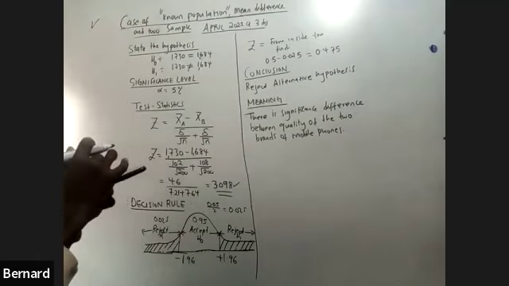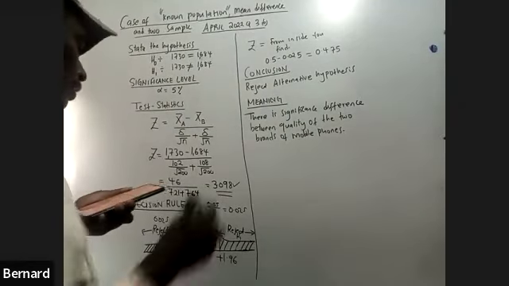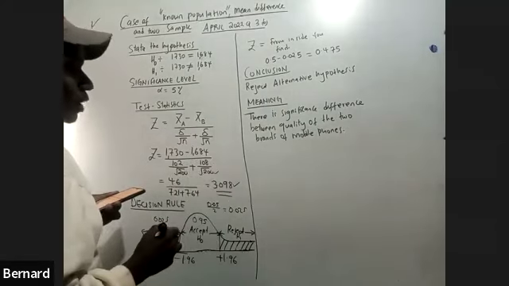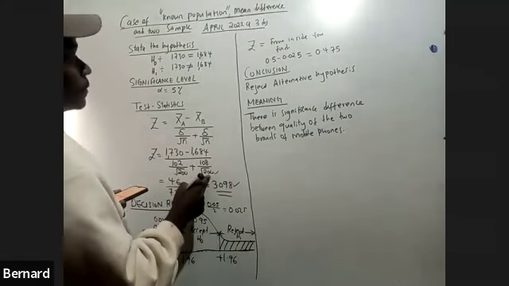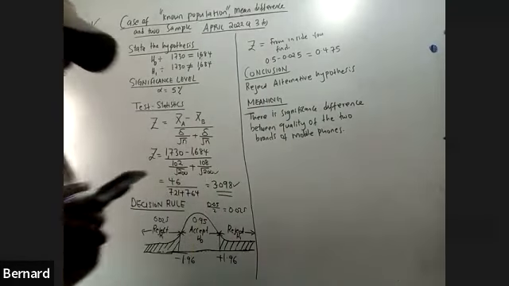We were supposed to use the z-test. The reason is that the sample size is more than 30, and the population standard deviation is known.